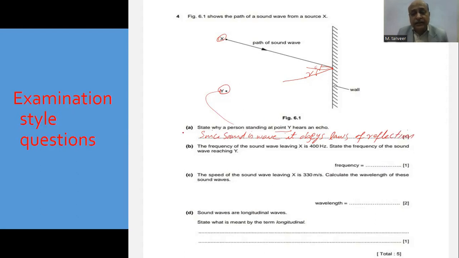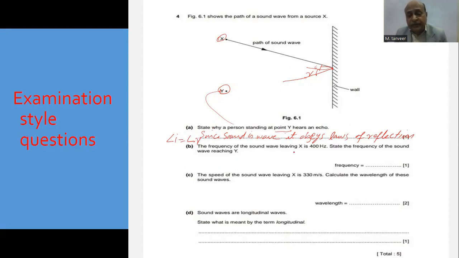Or you can write angle of incidence must be equal to angle of reflection. So the person is standing at point Y in order to hear the sound.